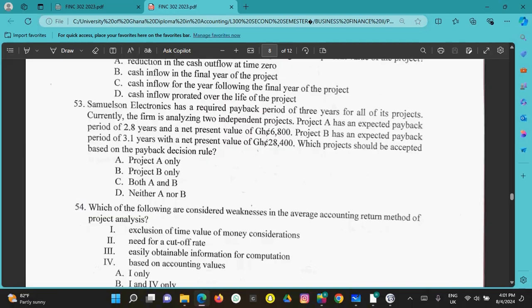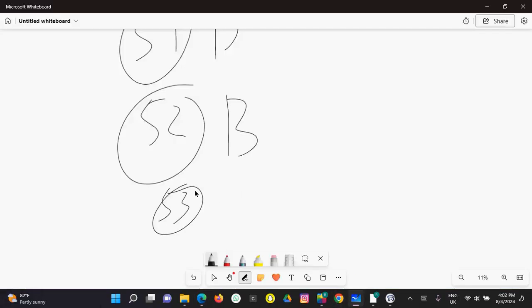Project B has an expected payback period of 3.1 years with a net present value of 28,400. Which project should be accepted based on the payback decision rule? They are not saying based on the net present value, but based on the payback decision rule. So we are only accepting project A. The answer is A. 53 is A.